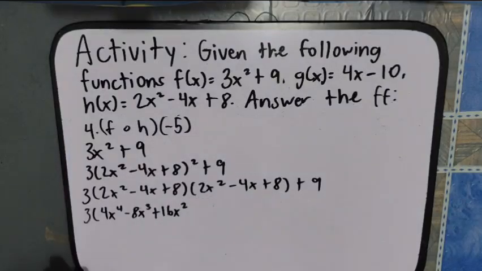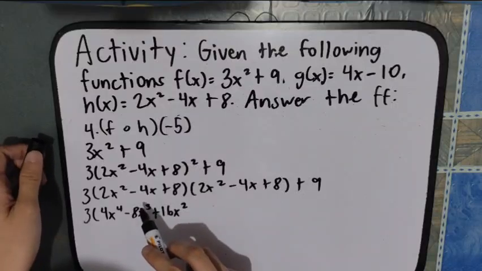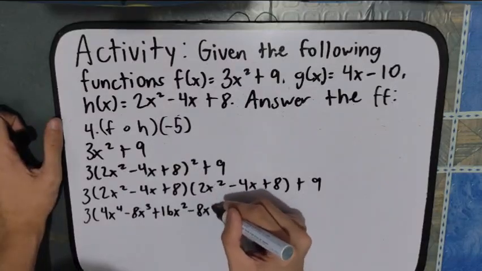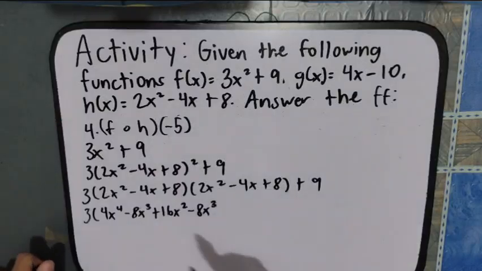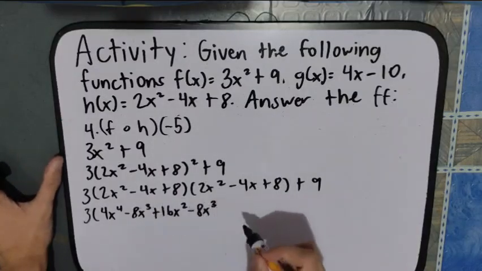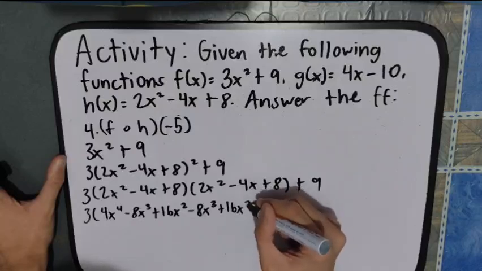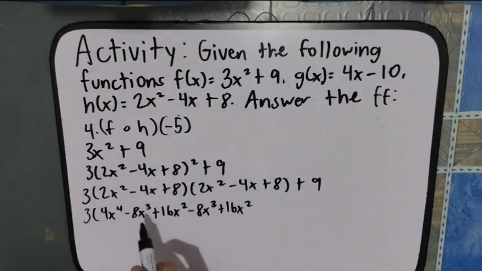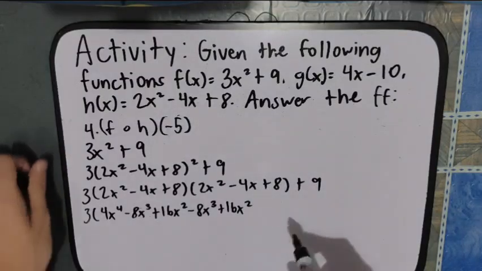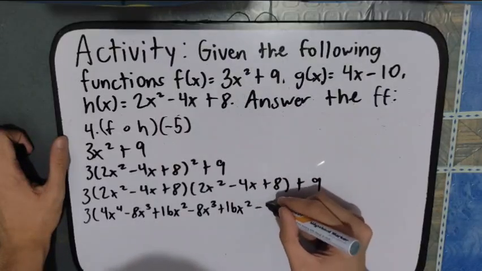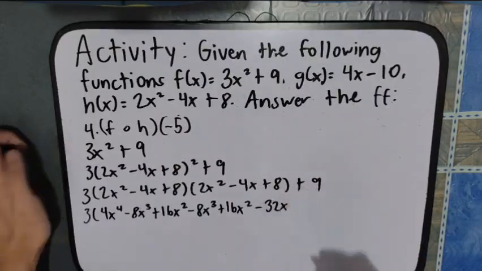Next, the second term, negative 4x times 2x squared, we have negative 8x cubed. Negative 4x times negative 4x, we have positive 16x squared. And then negative 4x times positive 8, we have negative 32x.